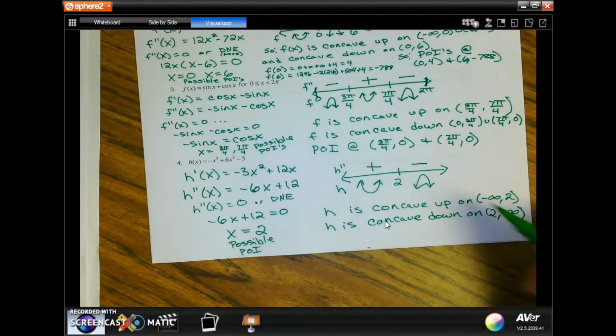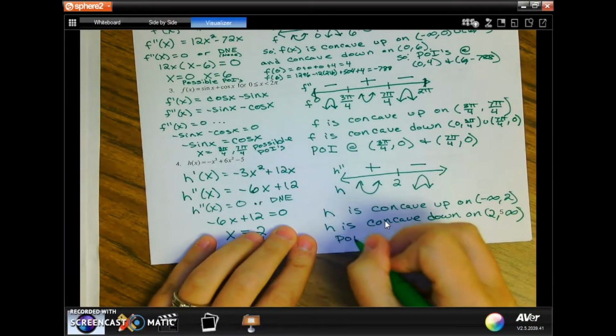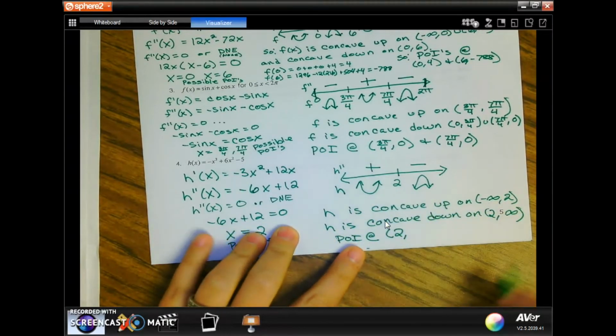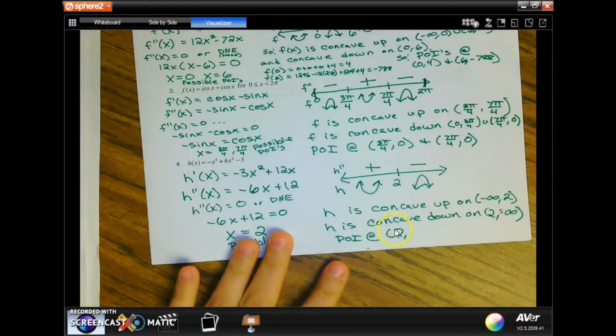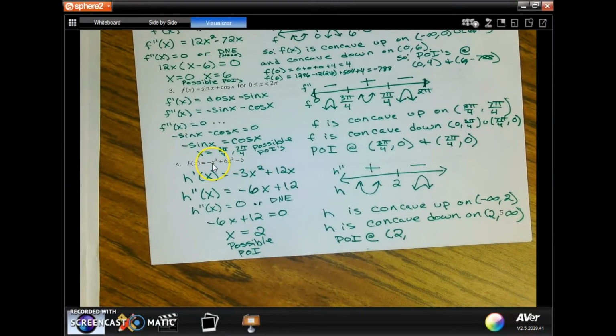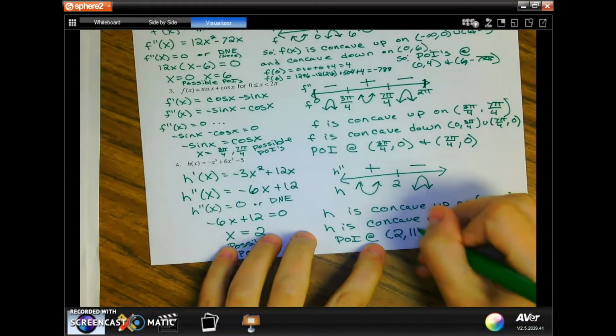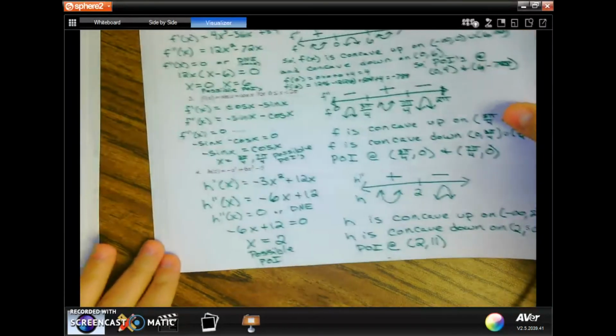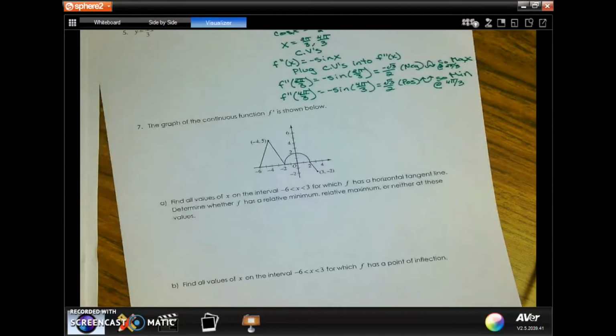So you could say you do indeed have a point of inflection at 2. So you could say POI at 2, comma, and to get that y value, you would take this 2 and plug it in there. So you're going to have a negative 8. Yeah, negative 8 plus 24 minus 5 gives you 11. So we have that.